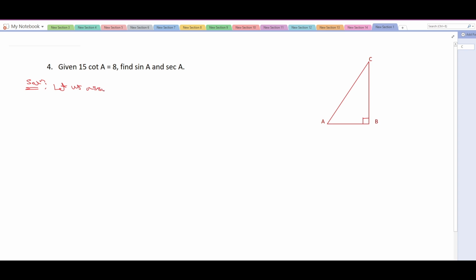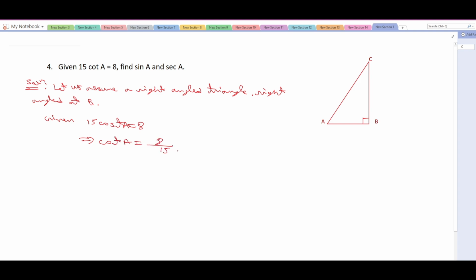Let us assume a right angle triangle, right angle at B. Given cot A equal to 8 by 15.